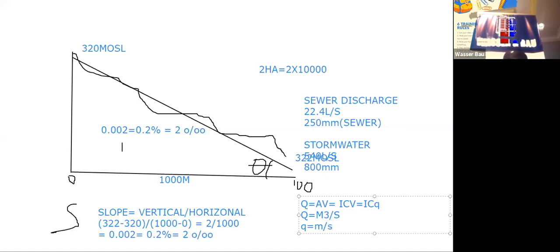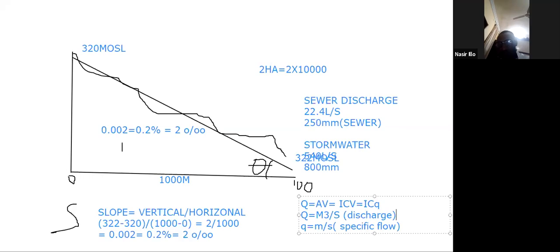This one is called specific flow. But this one is called discharge. Are you with me? Yes.